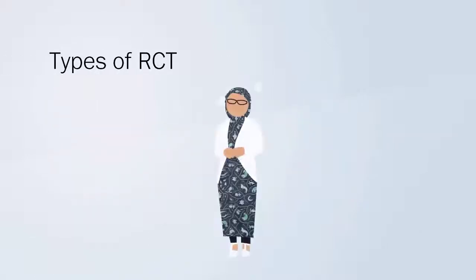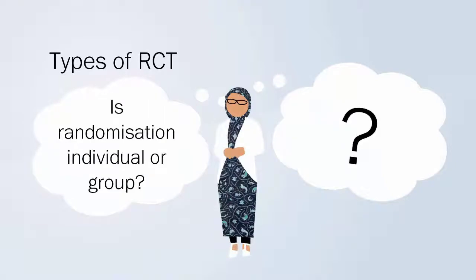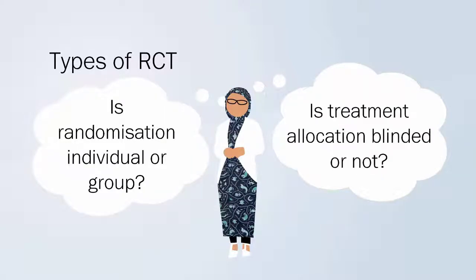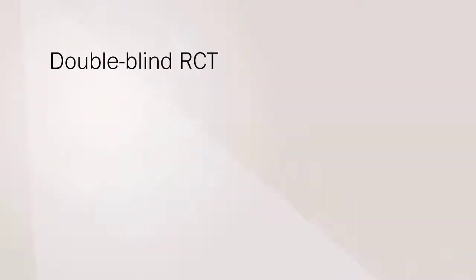There are different types of RCT depending on whether the randomization is individual or group, and if the treatment allocation is blinded or not. Specific RCT designs include double-blind, single-blind, crossover, multi-factorial, cluster randomized, stepped wedge design. Double-blind RCT.